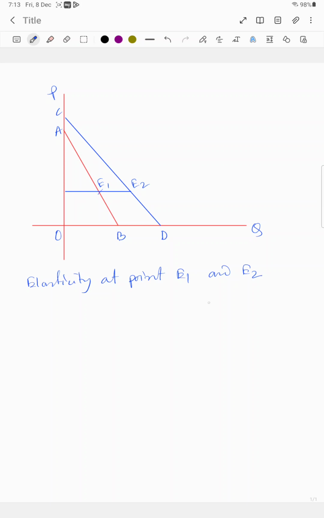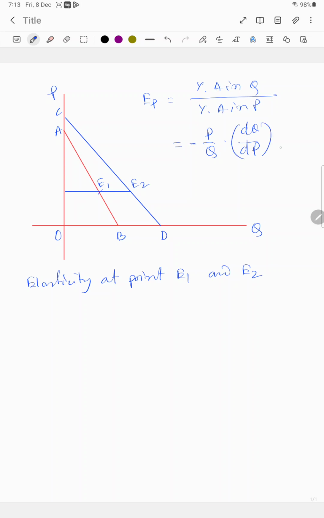So E1 and E2, what is the definition of elasticity? Percentage change in Q over percentage change in price. Or in equation format, delta Q by Q into 100, P by Q into del Q by del P. There will be a negative sign. Why is this happening?